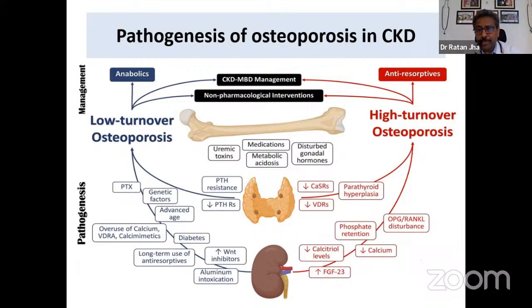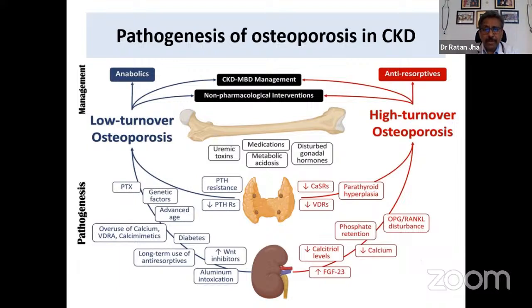On the other side of the spectrum is high turnover bone disease, where you have more parathyroid hormone associated with phosphate excess, reduced calcium sensing receptor, reduced calcitriol level, and increased FGF23. And OPG-RANK-RANKL disturbance, which can lead to a high turnover bone disease, classically being osteitis fibrosa cystica.